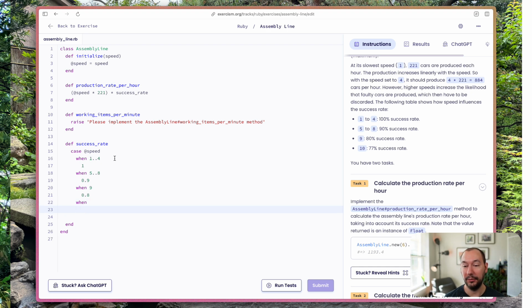But even that, I don't think we can really work with. So we could do an else and, I don't know, raise an error or something. Invalid speed, something like this.